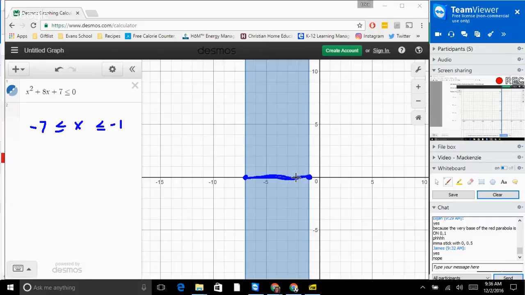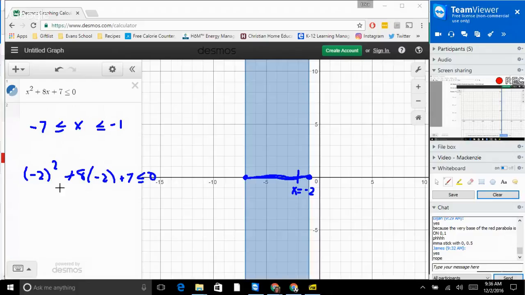So if I put in, for example, x equals -2, which is a point right here, right? Yeah, x equals -2 into my equation, then this should be true. So it should be -2 squared plus 8 times -2 plus 7 is less than or equal to 0.